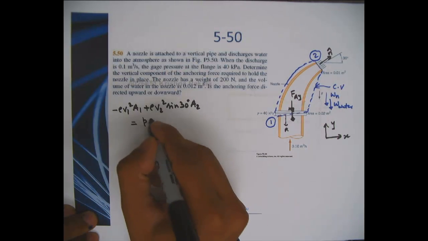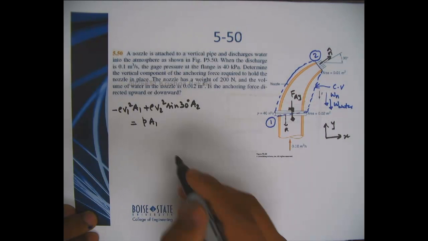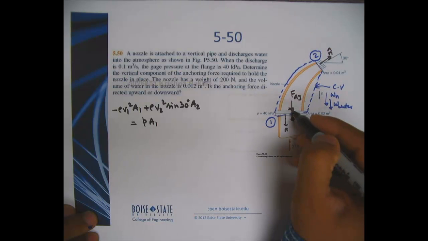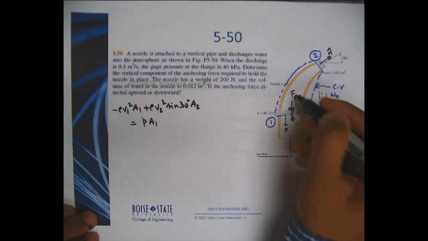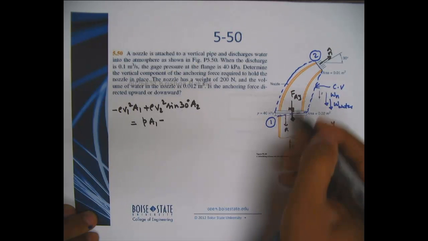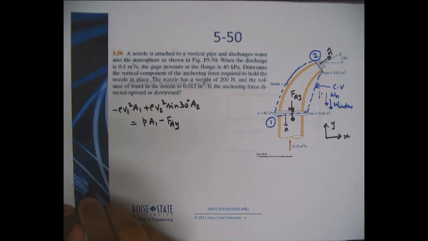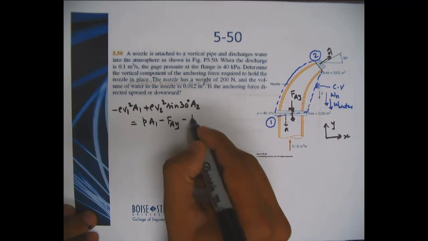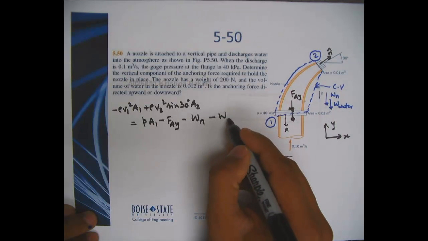There is this pressure times cross sectional area, which is acting in the positive y direction, and there is this reaction force, which if I represent it as downward would be minus Ay. Some reaction force here, and minus the weight of the nozzle, minus the weight of the water.